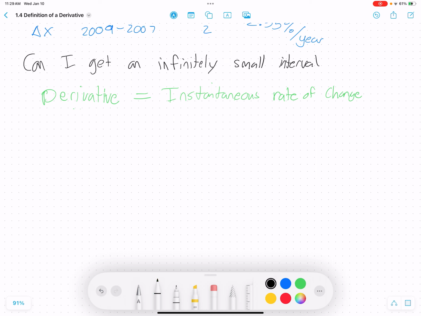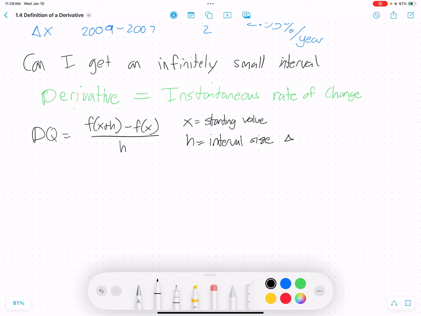How do we do it? Well, let's revisit the difference quotient. Just as a reminder, my difference quotient is f of x plus h minus f of x over h, where x is your starting value, where you're going to start finding your average rate of change, and h represents your interval size.